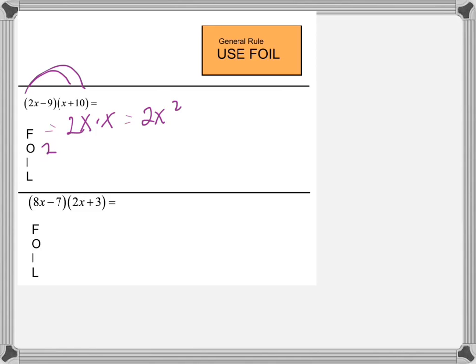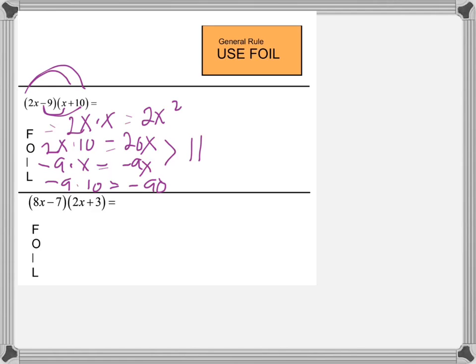Our outer terms are 2x times 10, which is 20x. Our inner terms are negative 9 times x, which is negative 9x. And our last terms are negative 9 times 10, which is negative 90. Here those add together to get 11x, so our trinomial is 2x squared plus 11x minus 90.